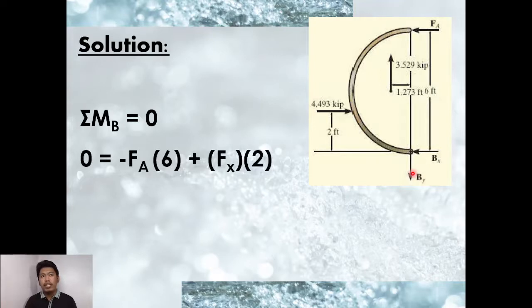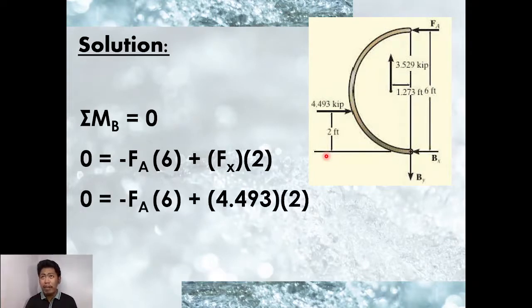So 0 equals negative, because this one is counterclockwise, so negative is our notation there. The 4.493 is positive, because from here it becomes clockwise, multiplied by its moment arm of 2. Substituting, that is negative F sub A, which is what we are looking for, multiplied by 6 plus 4.493 multiplied by 2.